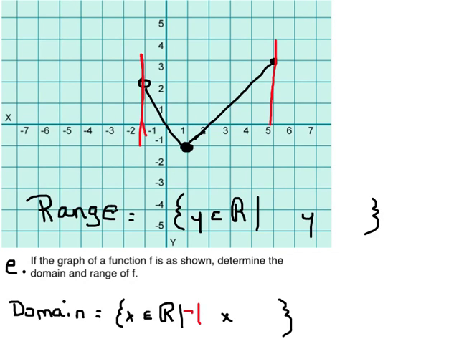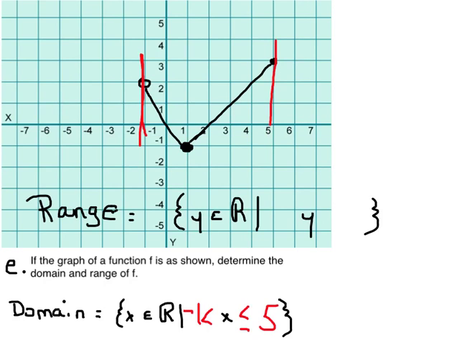And it is an open circle, so we're just going to put -1 is less than x. And over here, we've got 5, and it's a closed circle, so x is less than or equal to 5.